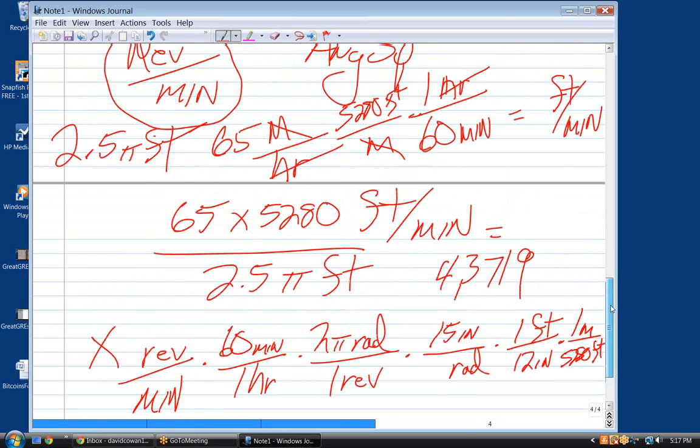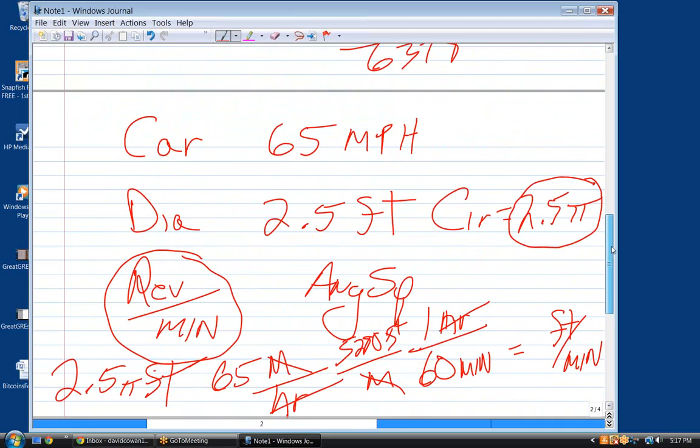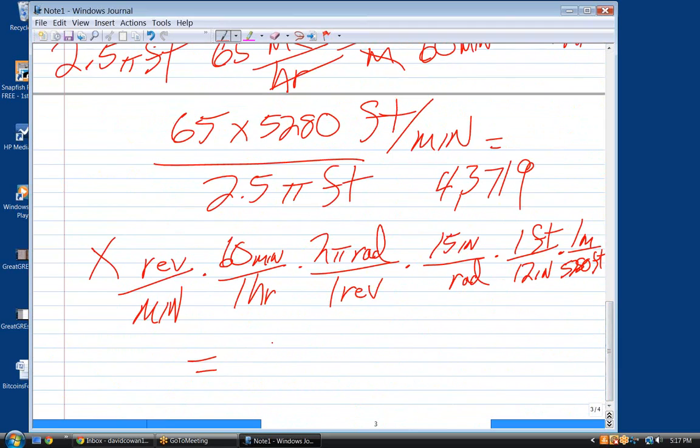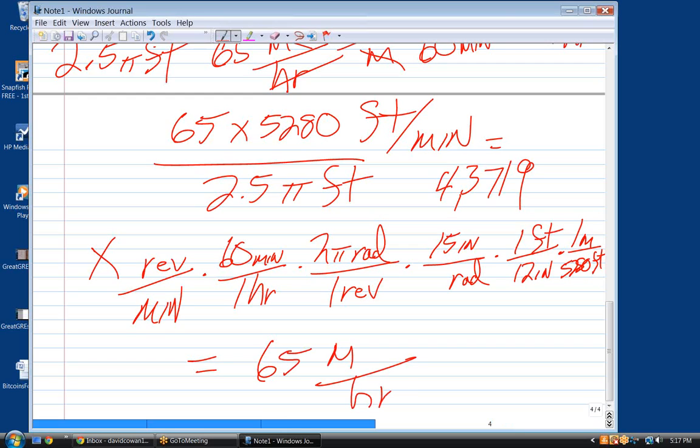And so we came up with 65 miles per hour, and that should allow us to solve for x, the revolutions per minute.